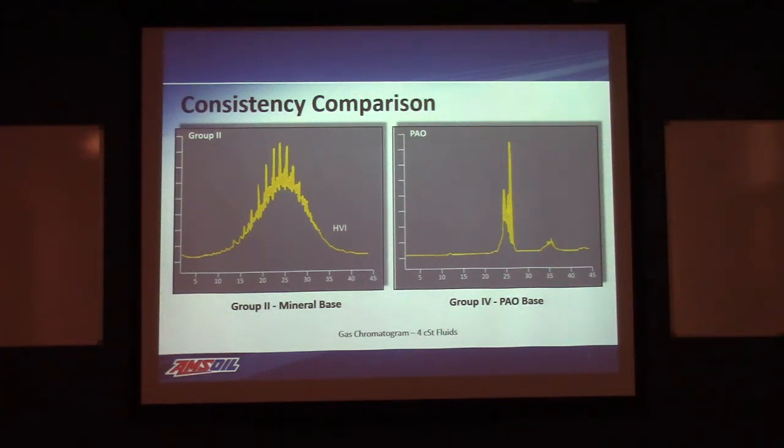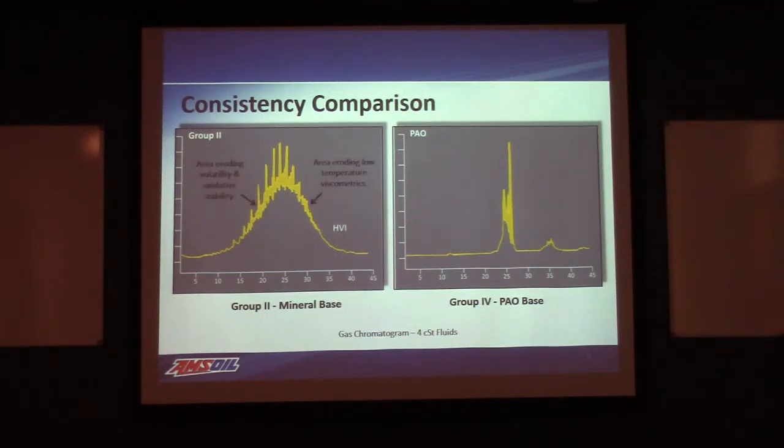When we talk about consistency, let's take a look at the differences here. We've got a GC scan here of a mineral oil on the left-hand side, and you can see it's a bell curve. That bell curve suggests a variety of different molecular structures in there. Basically, what you're looking for is the ones that are the highest concentration, in the center of that bell curve.